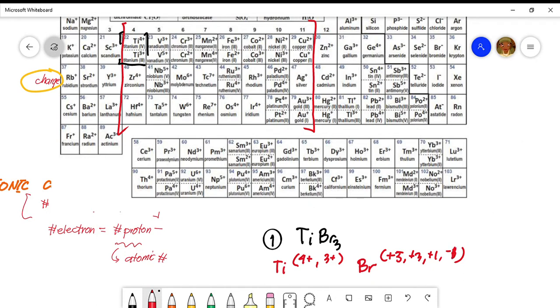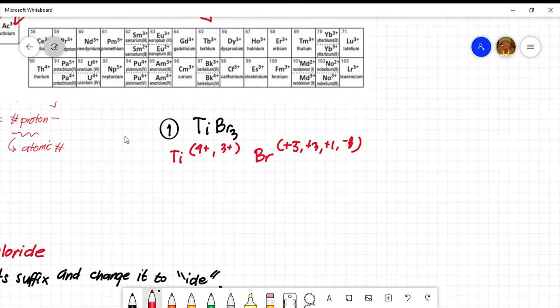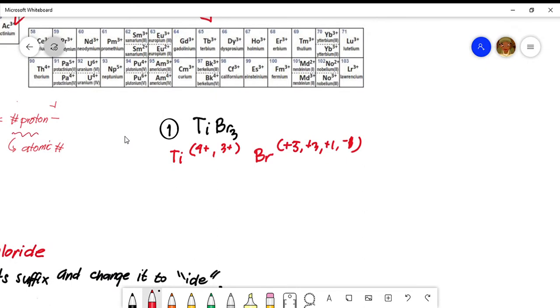So here we name this by naming the first step. We have titanium. This is the first step, naming the cation first. Titanium. Then we have bromine.